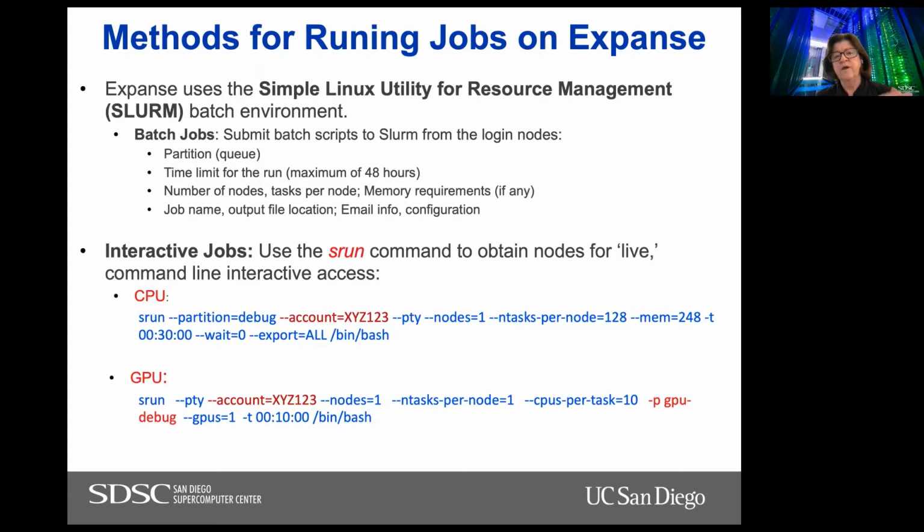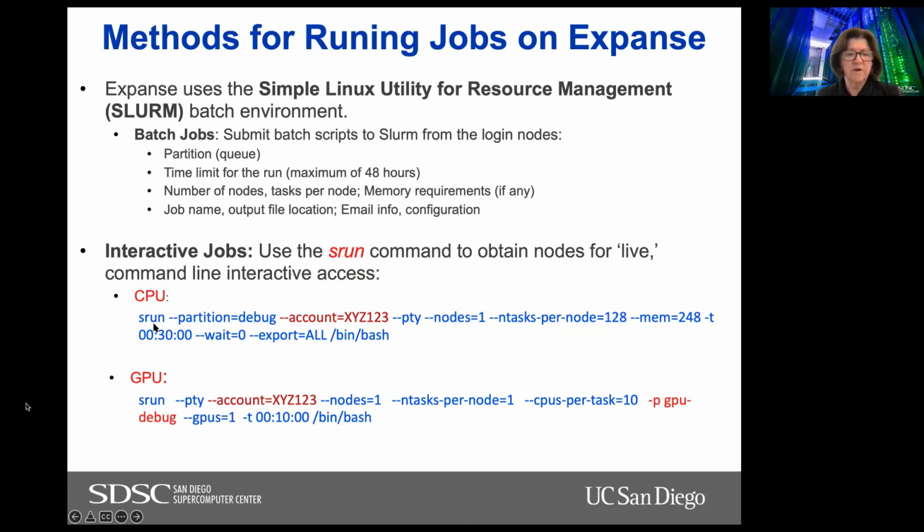You tell it, I need 100 nodes, and I need my job to run for 1 hour. It will get 100 nodes and then launch your job onto all the nodes. The jobs will have code inside of them that knows how to coordinate the interaction between the different processes running on the nodes. So those are Slurm jobs or batch jobs.